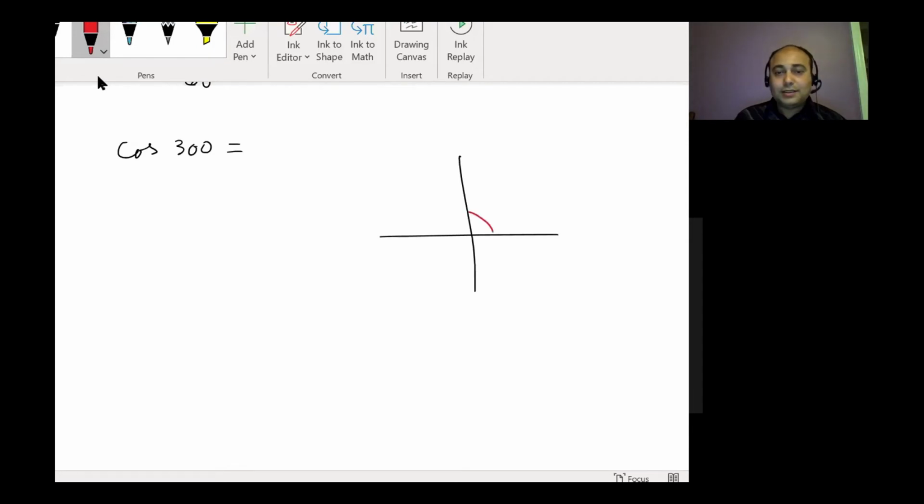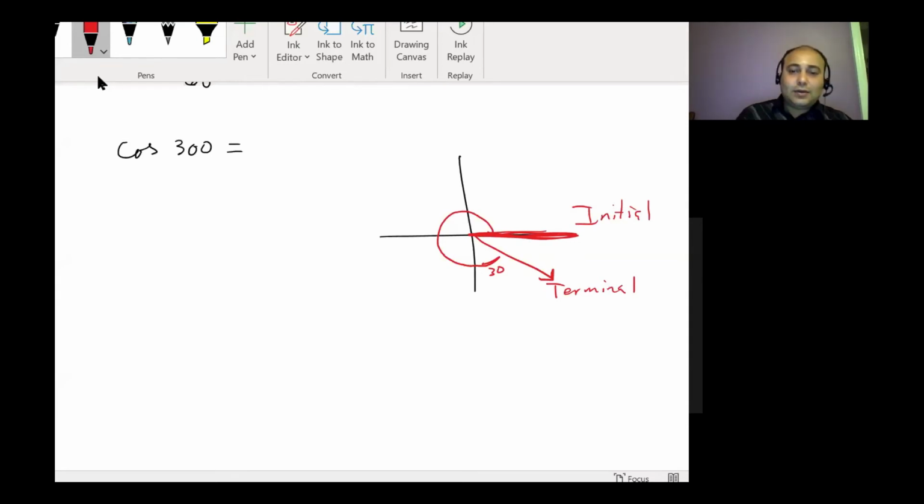You go 90, 180, 270, and 270 plus 30 is equal to 300. So this is 30 right here. Remember, any angle you're graphing, you must start from the initial side. So this is your initial side, and this is your terminal side.